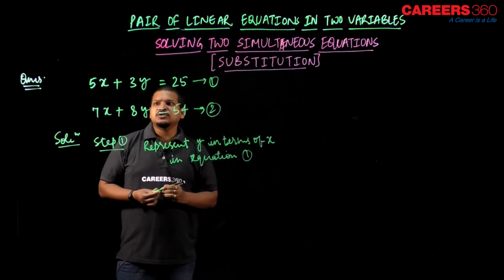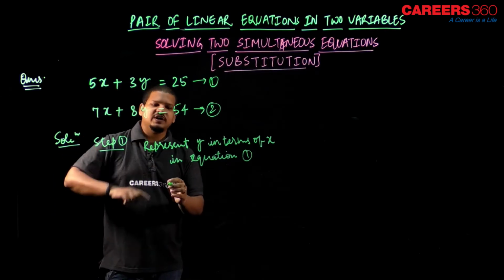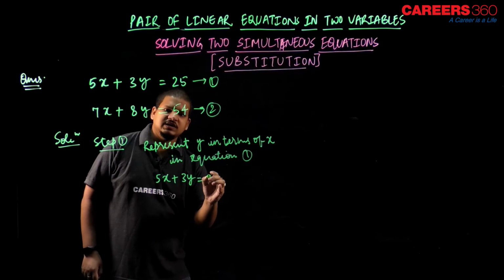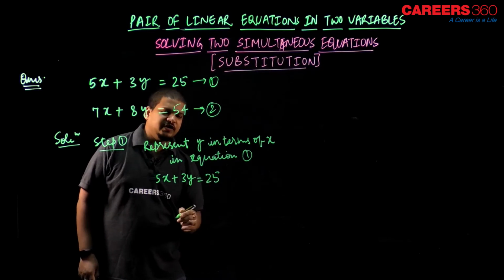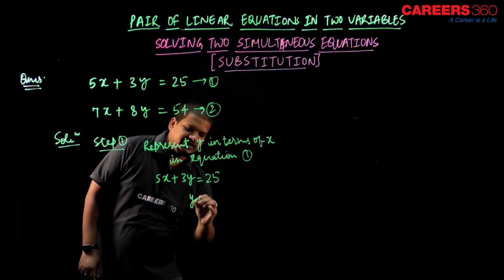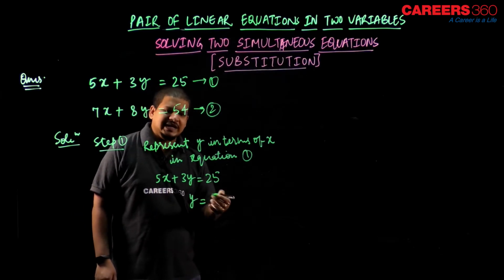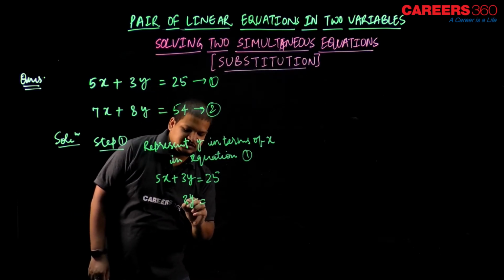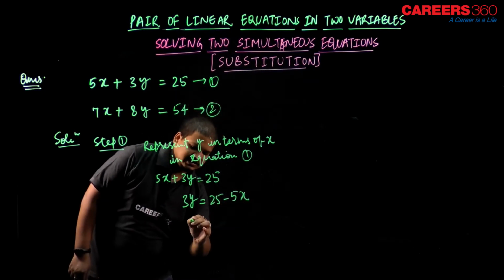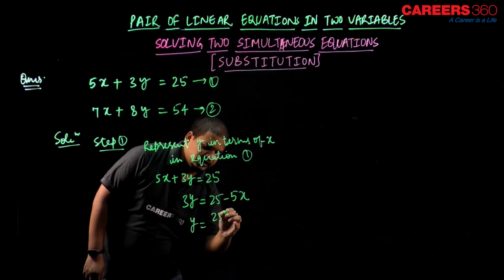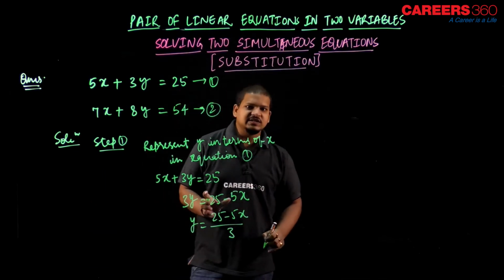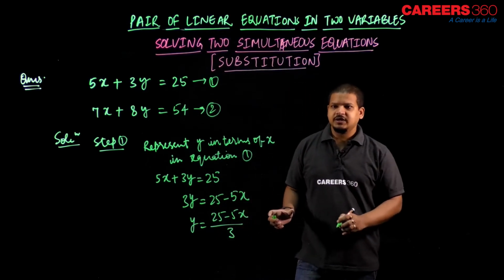Now in equation 1, as you can see, we have 5x plus 3y is equal to 25. So 3y is equal to 25 minus 5x, or y is equal to (25 minus 5x) upon 3. This is the value of y I have obtained.